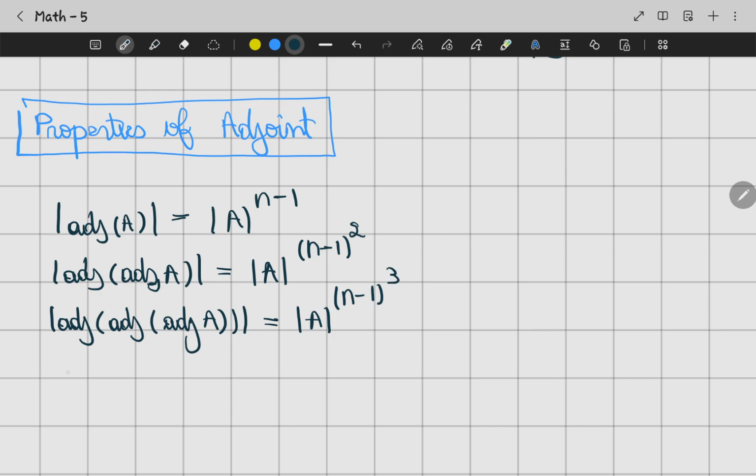Let me give you another formula. Let's say, for example, we need to find this adjoint.